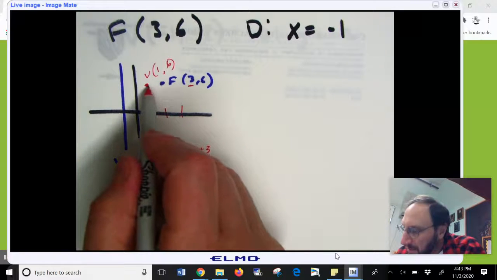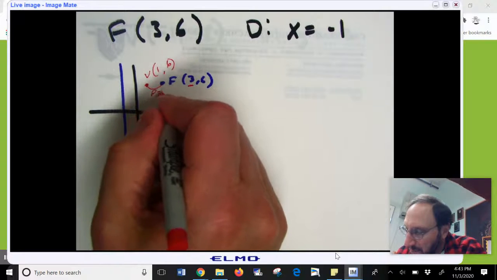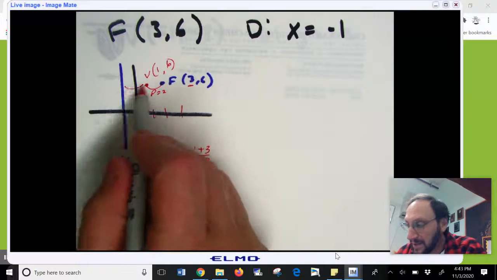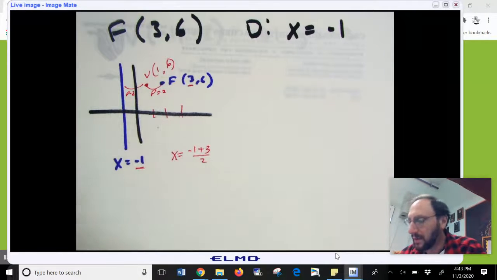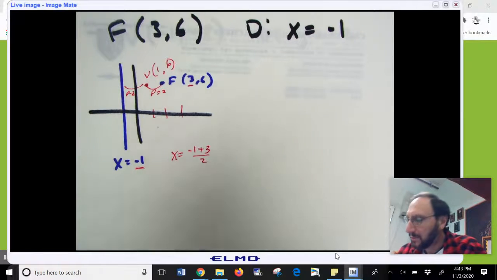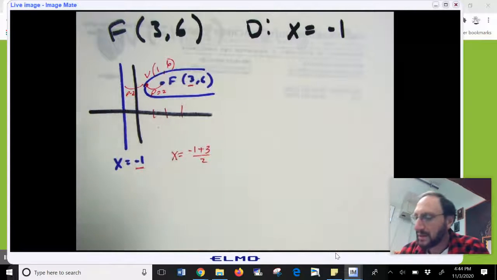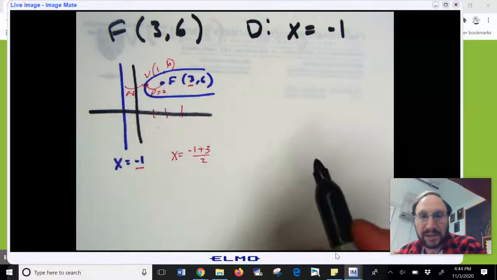Now, you can see that the distance between (1, 6) and (3, 6), the p-value, is 2. And obviously, the distance between negative 1 and positive 1 is also 2. That's what the p-value stands for. That's the distance. So the direction of my parabola is going to the right because the vertex is going to have to be outside, at the tip of it, and the focus is on the inside.